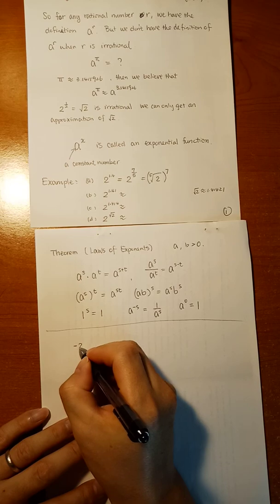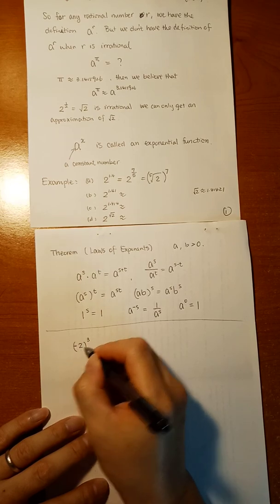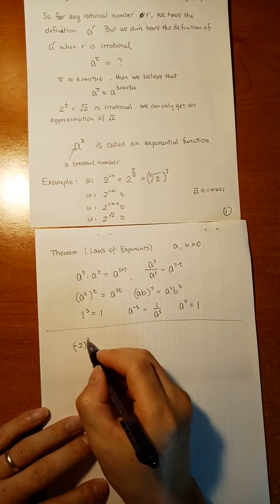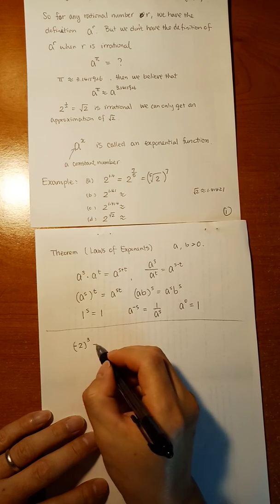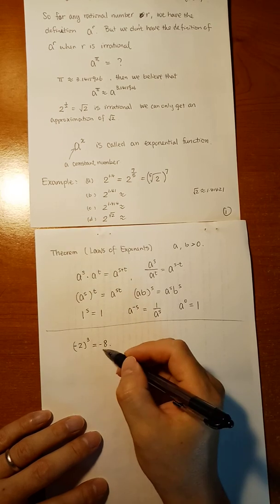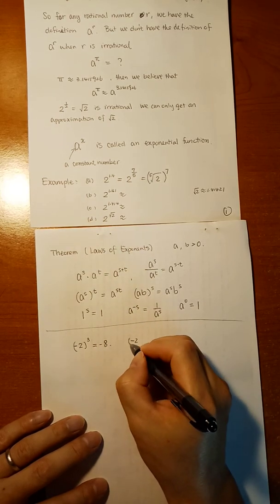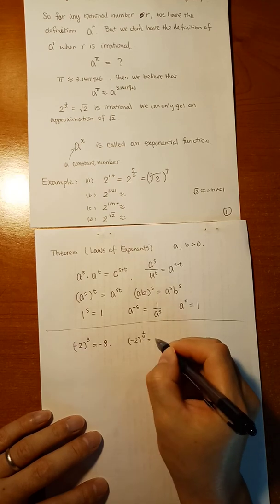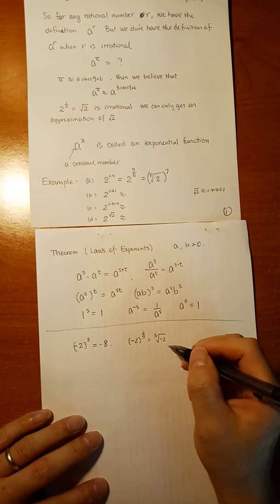Of course, when we get concrete numbers, for example, negative 2 cubed is equal to negative 8. This is good. Or negative 2 to 1/3 is the cube root of negative 2. It's also okay.